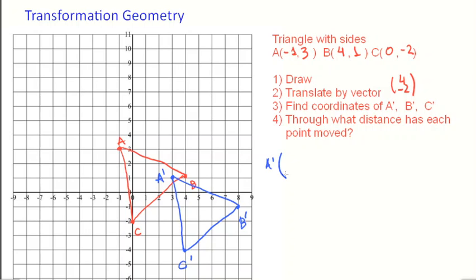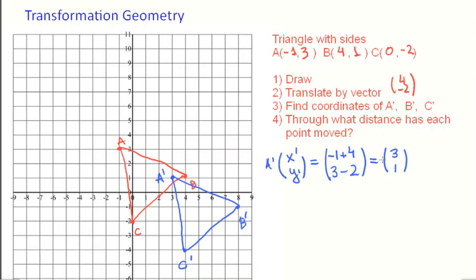For example, A prime, let's call it x prime and y prime, would be -1 plus 4 and 3 take away 2. So -1 plus 4 is 3, and 3 take away 2 is 1. So A prime should be (3, 1). So you can see that it actually works.